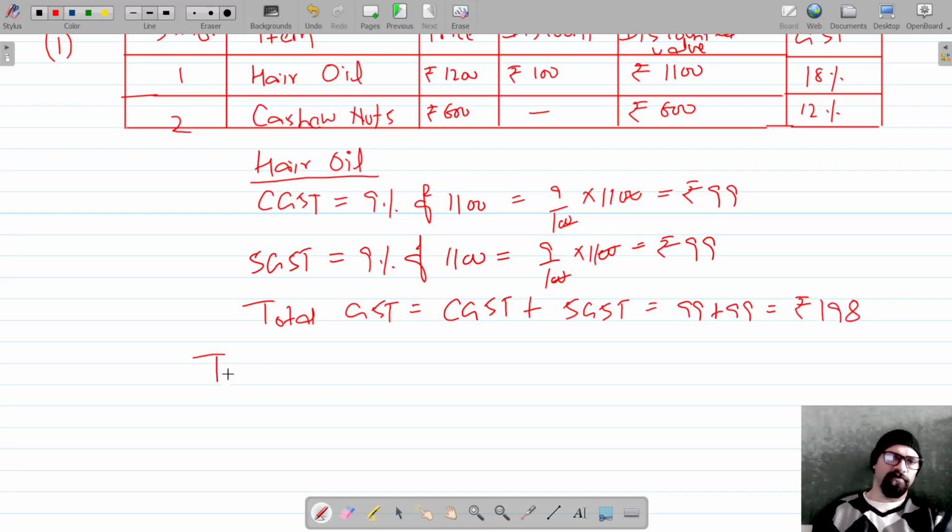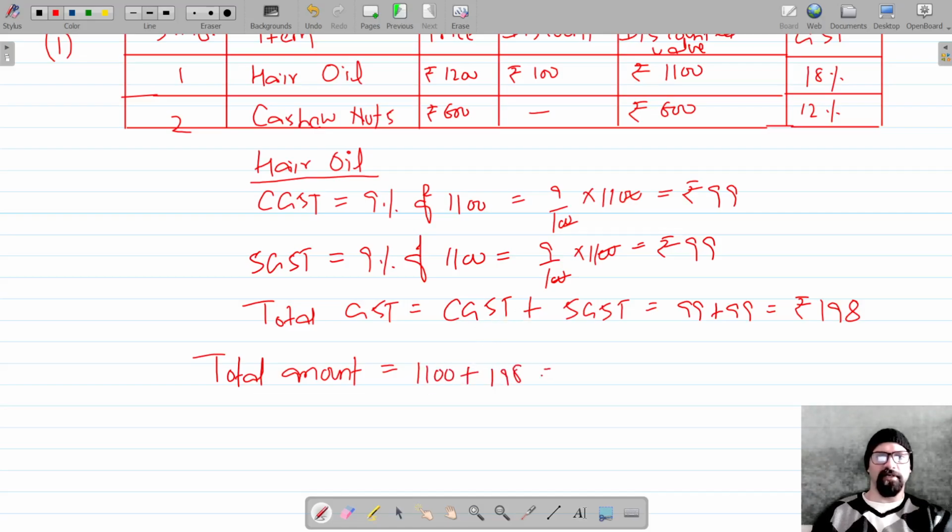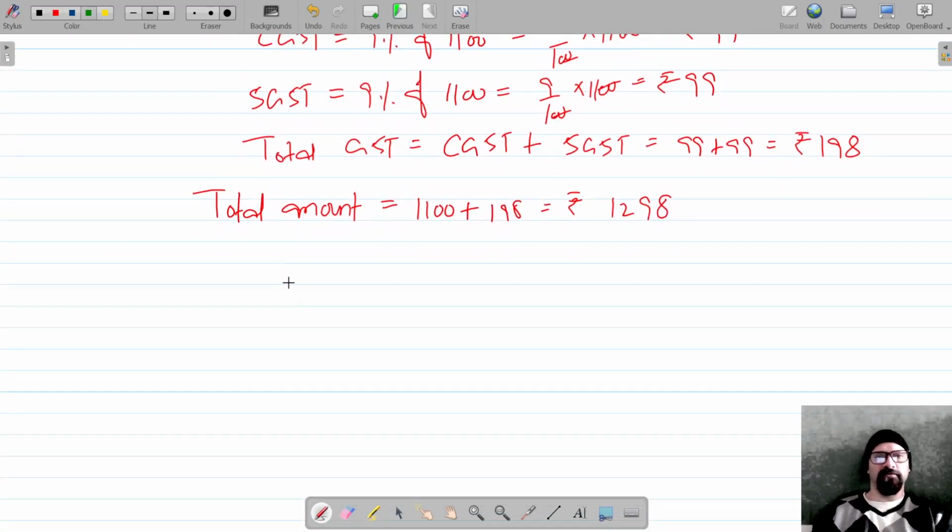Now the total amount that she has to pay for the hair oil, including the taxes, that is the discounted value plus GST 198, which gives us rupees 1298.